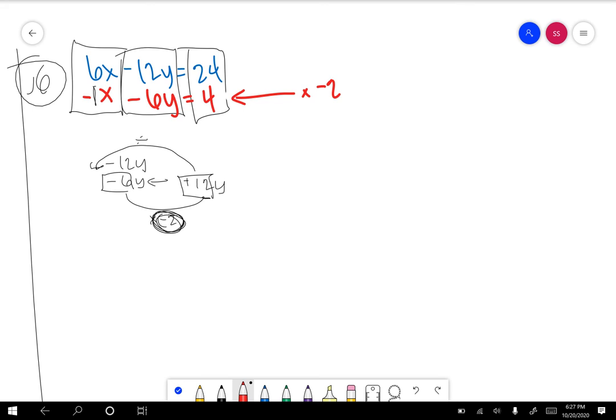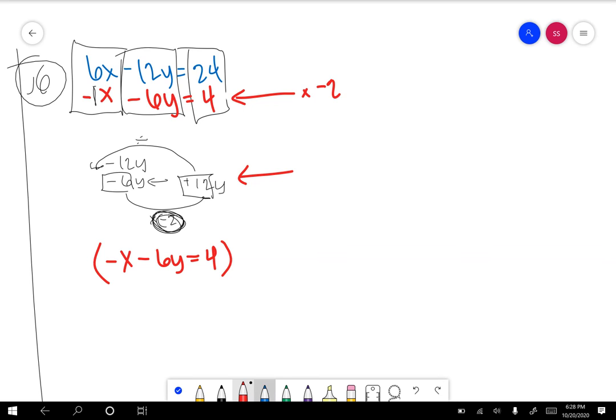So let's write that out. We have negative x minus 6y equals 4. And I'm writing things out step by step, like baby steps. When you're doing this by yourself, you don't necessarily have to write out this part. You can figure that out and then just write out what you're multiplying by in the next step.